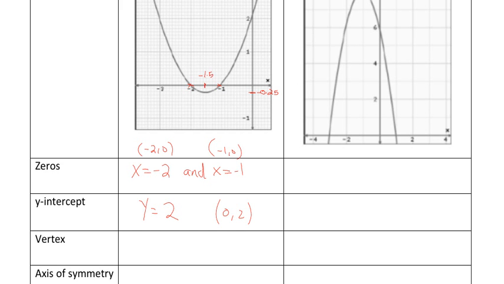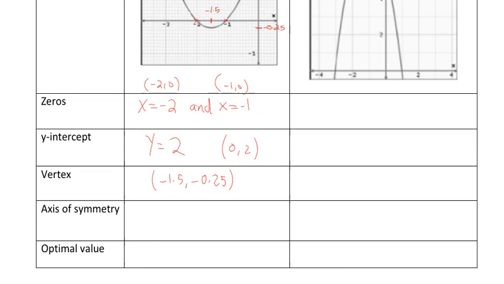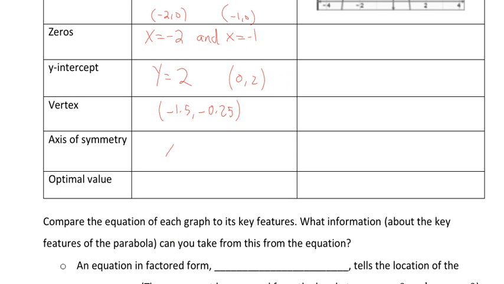So what would your vertex be? Where would your axis of symmetry be? x equals 0.5. And then your optimal value?